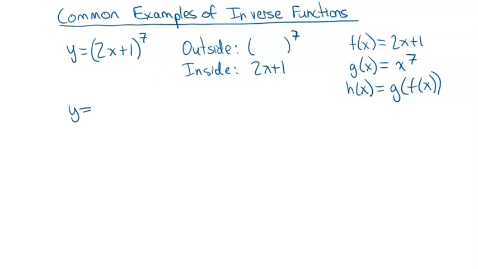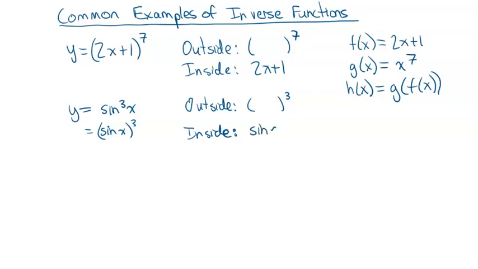What about y equals sine cubed x? Well, that's the same thing as (sine x) all cubed. We just write it in shorthand as mathematicians, just so we don't have to write the brackets every time. So what's the outside? Well, the outside of this is the cubed, or x cubed, and then the inside of this is the sine of x.